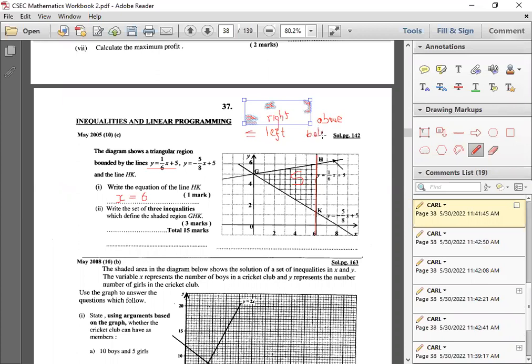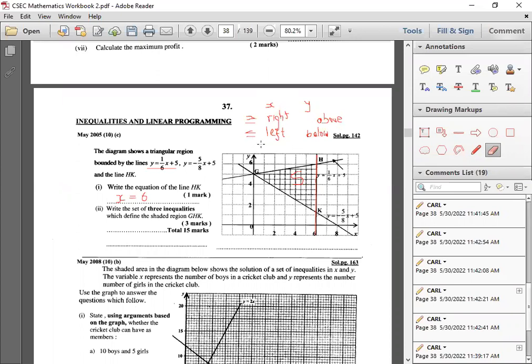Below the line. So again, there's something over them on the screen, it's making it hard to see. Okay. So for greater than or equal to, for the x, it would be to the right of the line. For y, it would be above the line.